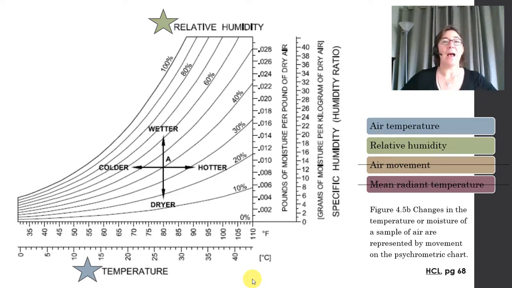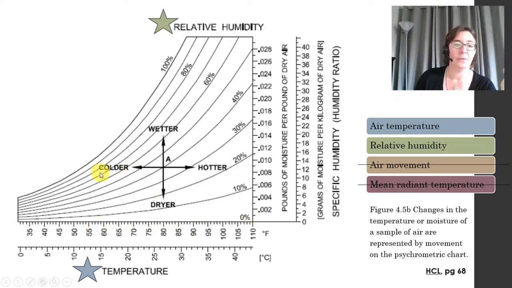So here we are. Of the four major environmental factors of thermal comfort that we talked about in the last video, this one covers temperature and relative humidity. So on the bottom of your screen right here is the temperature scale, and it runs from colder on this side to hotter on this side.